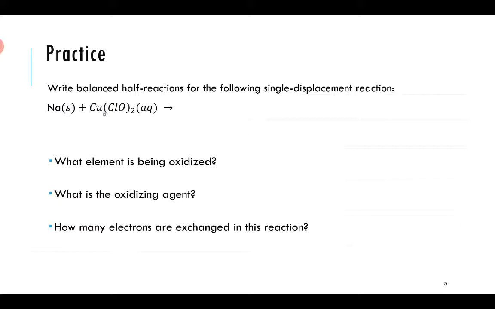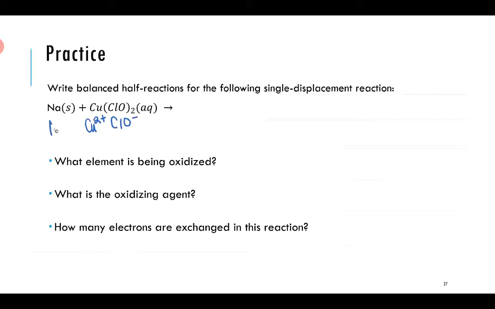Let's start by splitting this into ions so that we can predict our products. We have ClO minus, that's our hypochlorite ion. We had 2 hypochlorite ions, and so that's a 2 minus overall. And so our copper had to be a 2 plus.